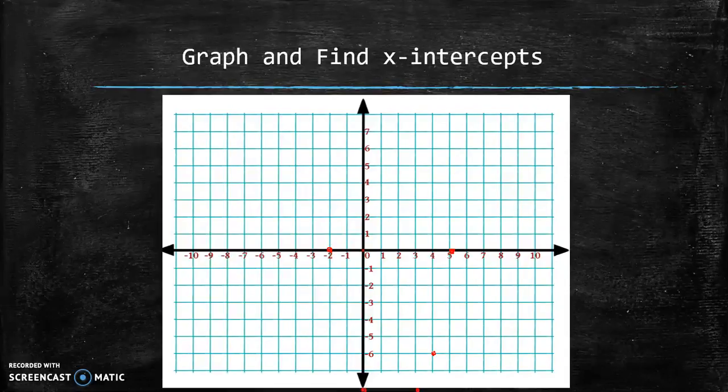We also had negative 1, negative 6. So from here we see where the parabola is going to be. It's going to swoop down this way and continue down, down below our graph and back up.